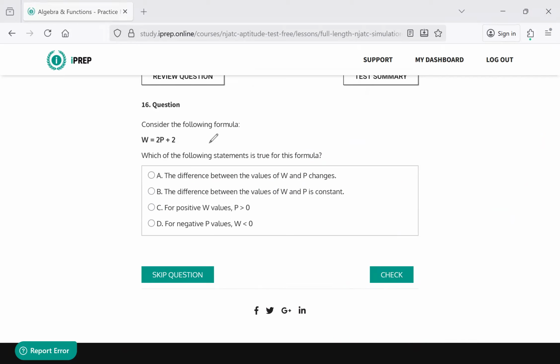So this one here, consider the graph W equals 2P plus 2, and we have to figure out which one is true. So in this one, yes, I think we have to draw a graph. Or do we?